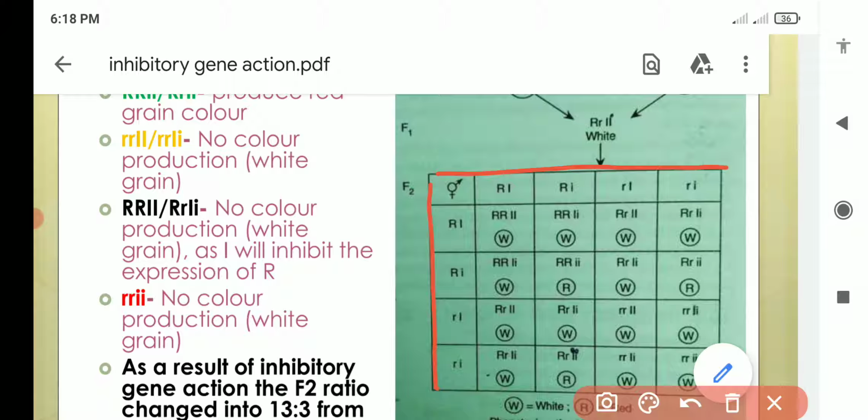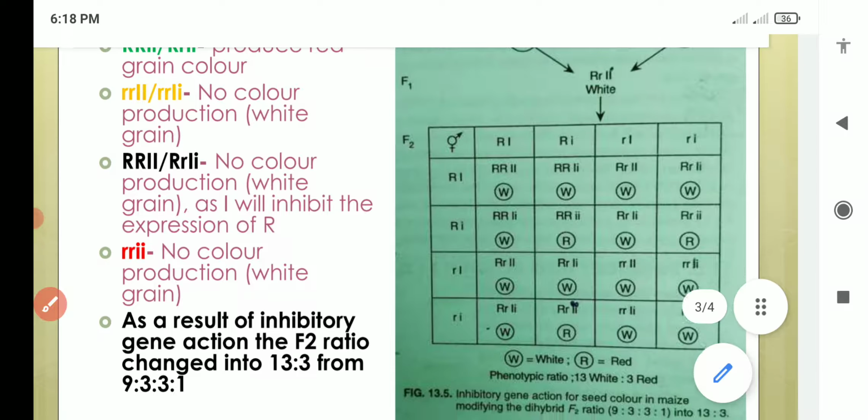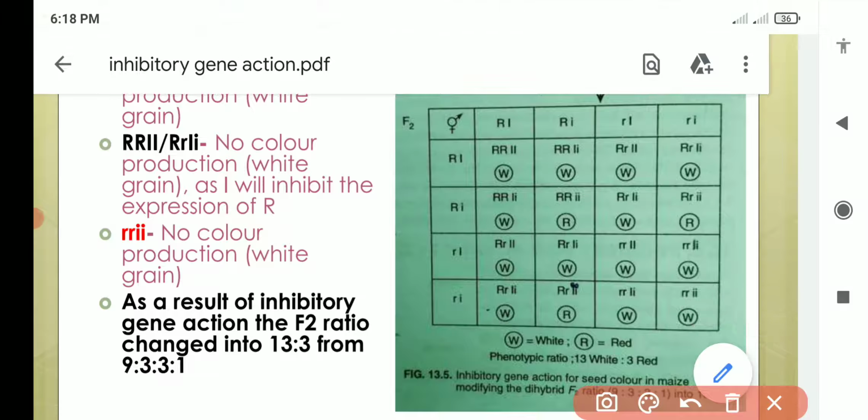When we cross them in all possible combinations, we will see that when the first female gamete crosses with the first male gamete, it will produce capital R, capital I, and it will be white. When this crosses with this gamete, capital R, capital I, small i, again white grain will be produced.